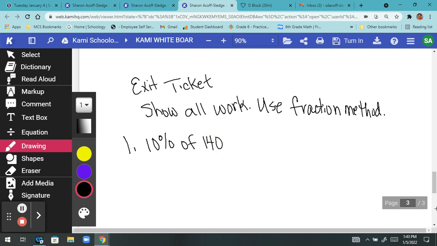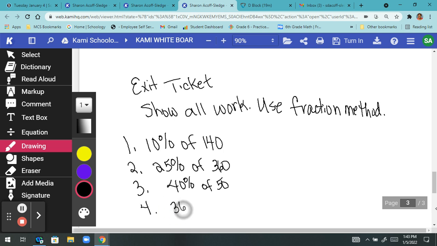So find 10% of 140. Oh, that looks crooked.